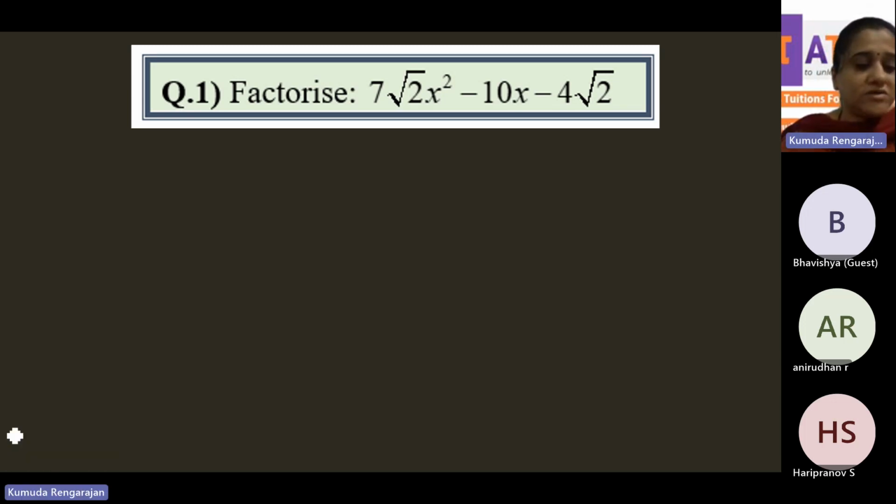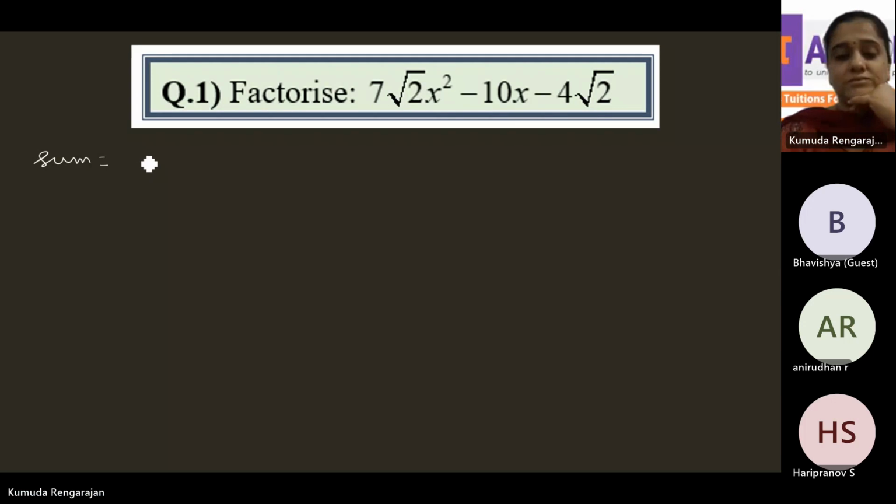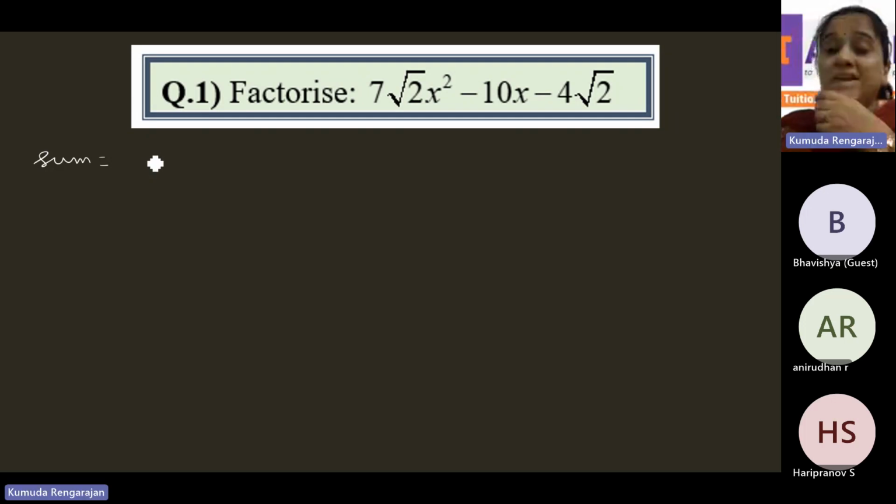Anirudhan, what is the sum? Class, what's the sum? Minus 10.